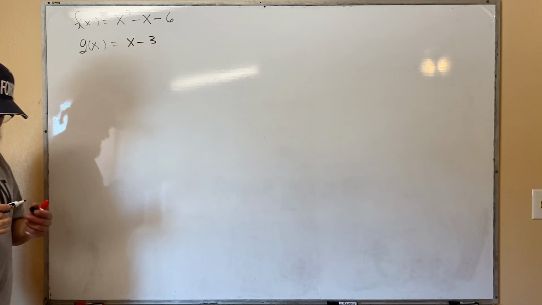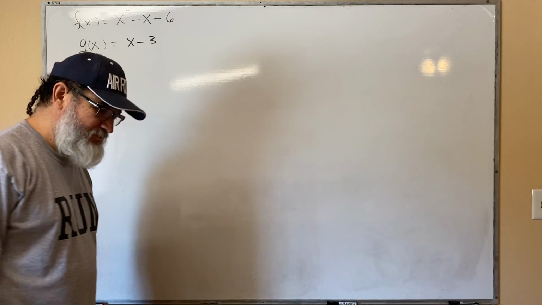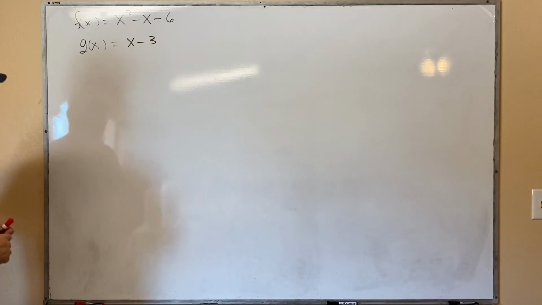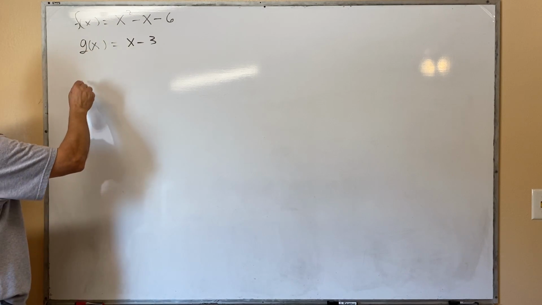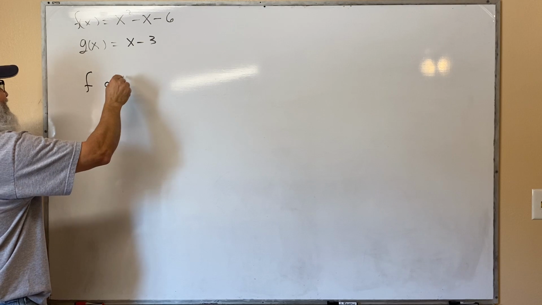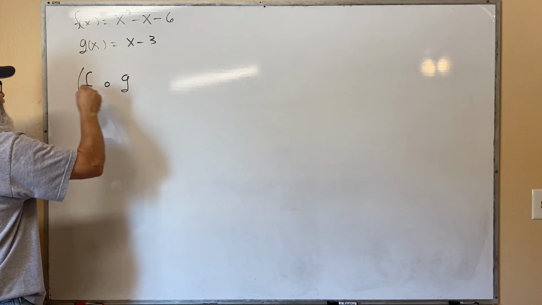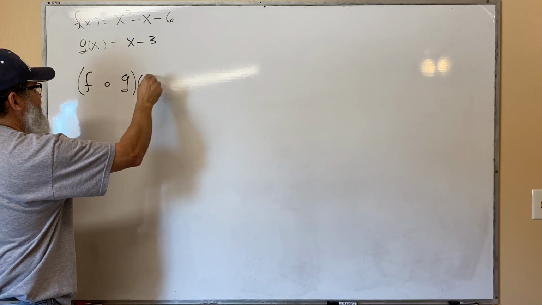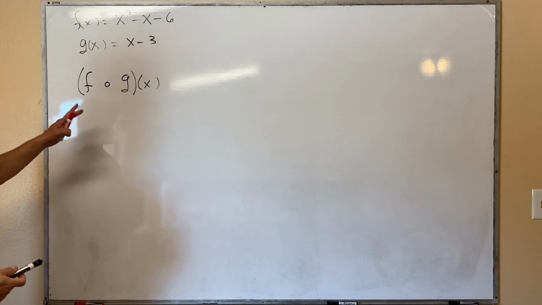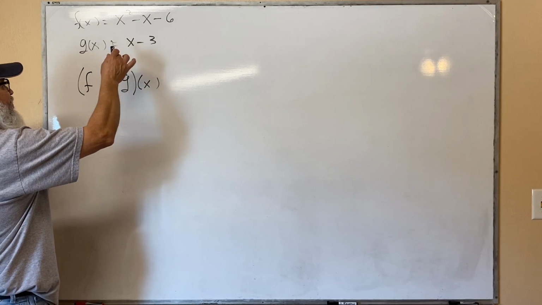Remember that? Okay. And now we're gonna do the fifth operation. We are going to do f of g of x, okay? Basically, what this is, composition. This is the fifth operation.